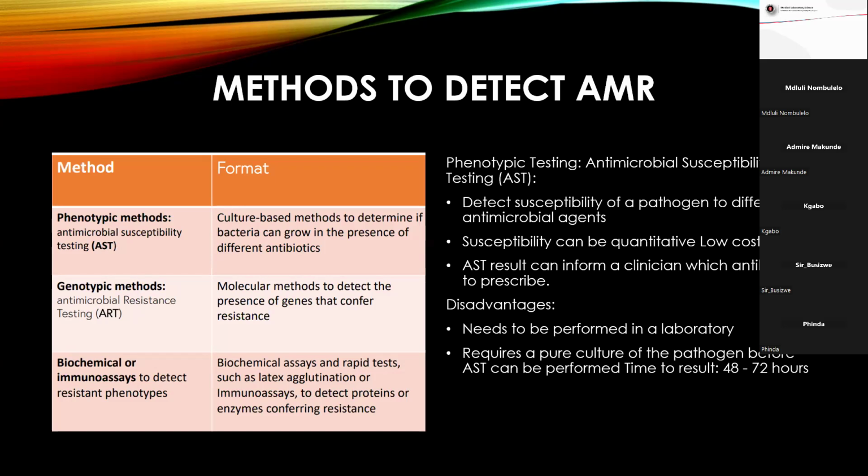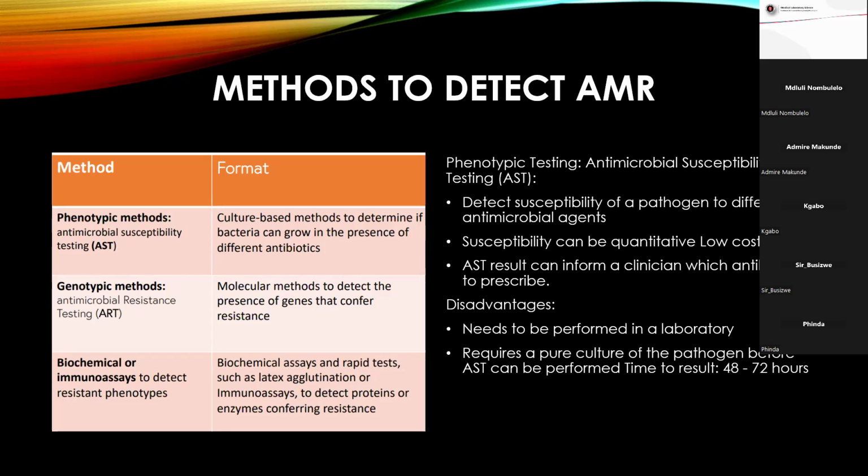It only checks resistance, the targeted genes for resistance which you'll be checking. Remember, I said AMR is a result of mutation. So wherever there's mutation, this can be demonstrated using a molecular method. It's something which you don't see with your naked eye, but it can be demonstrated when you do PCR.